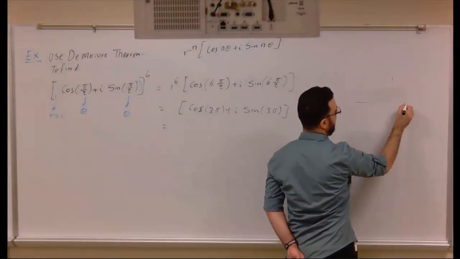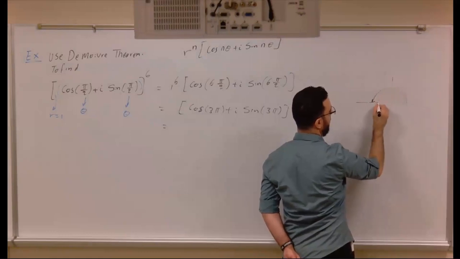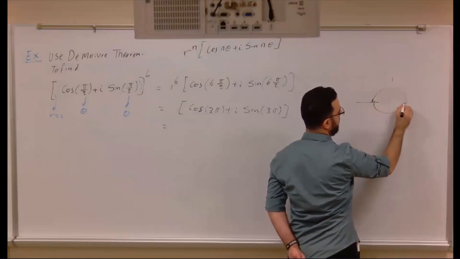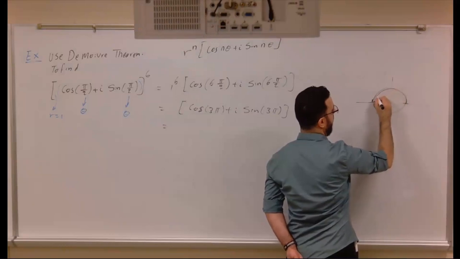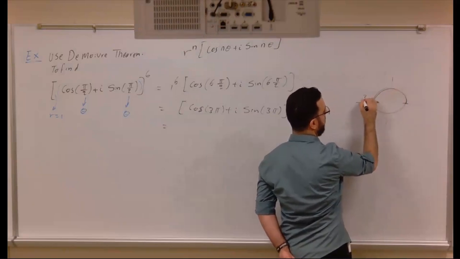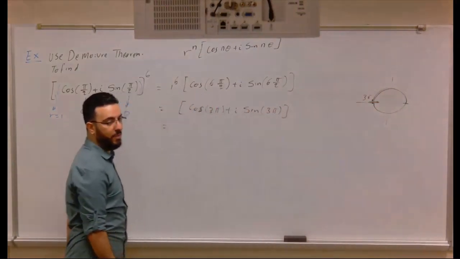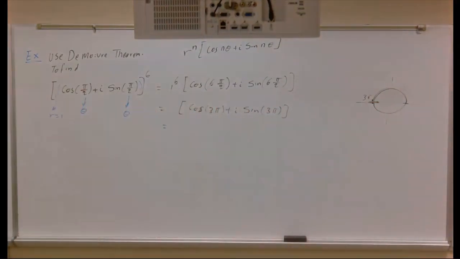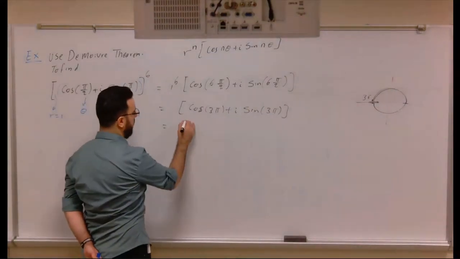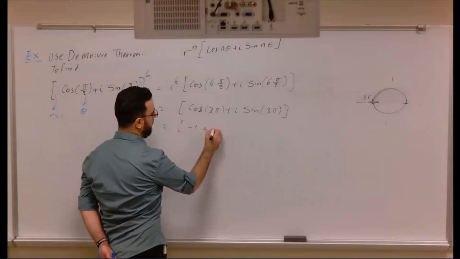So from here to here is pi. Then go back here, it's going to be 2 pi. Go back again here, it's going to be 3 pi. So 3 pi here. How much is the cosine here? -1. So here is -1 plus i.